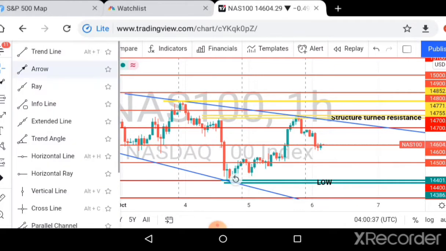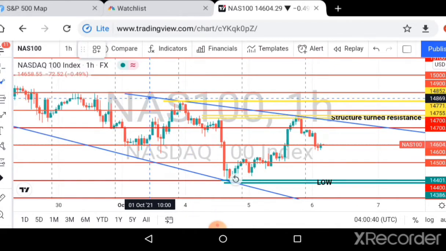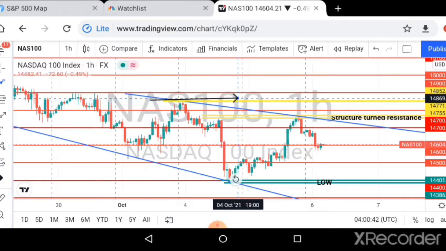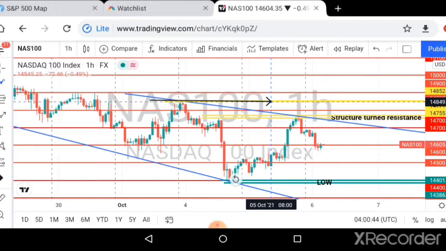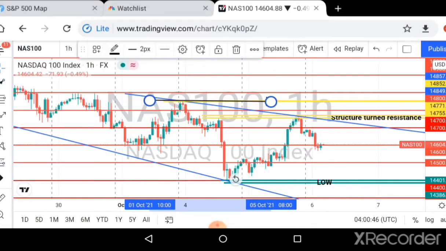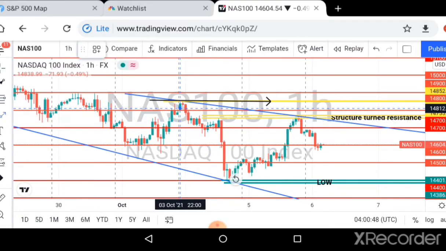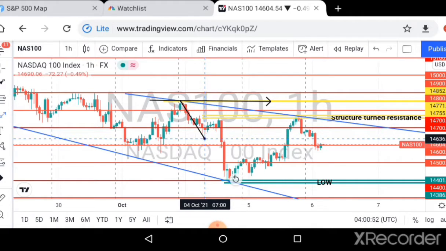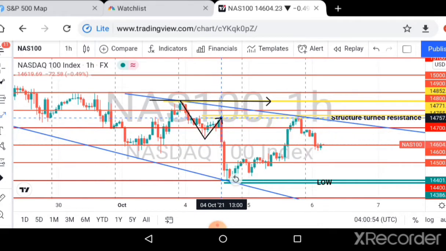I will consider this as structure because this was the last point before the drop to the downside. So this is structure. Then we now had market dropping from here till here, then a correction on a 1 hour time frame.